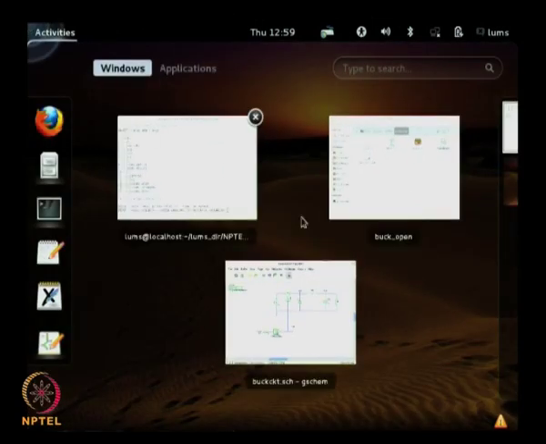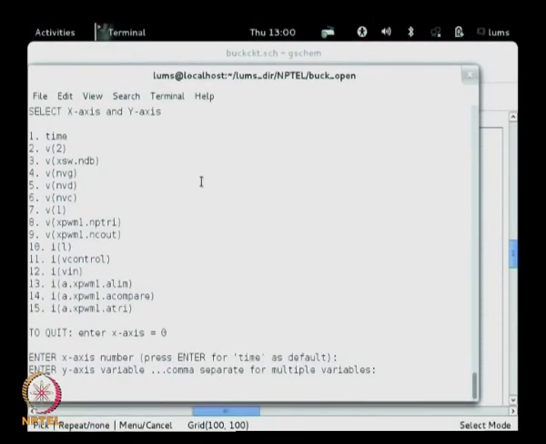So, let us see these waveforms. So, one is V(NVC), and also probably NVG, the gate waveform.